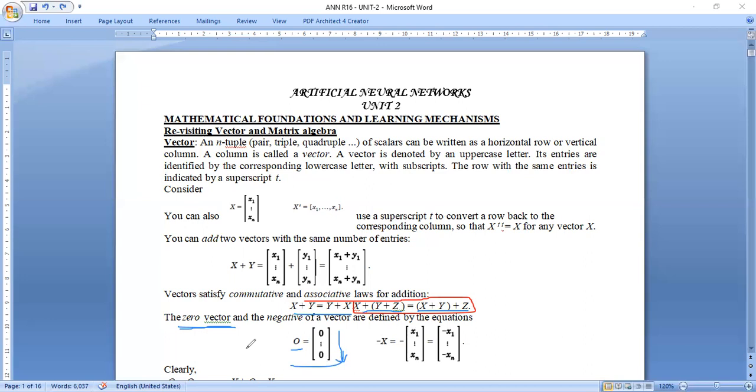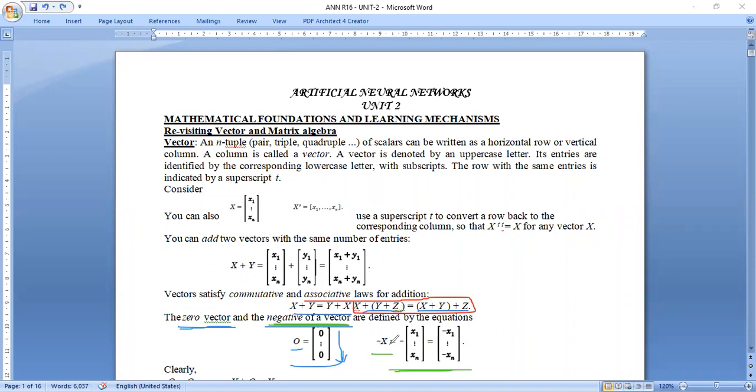And then, next you want to know the definition of a negative vector. This is the representation of a negative vector, which means minus x. Minus is the symbol, isn't it?